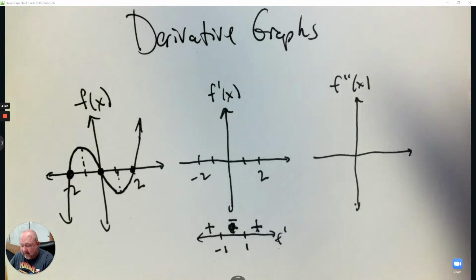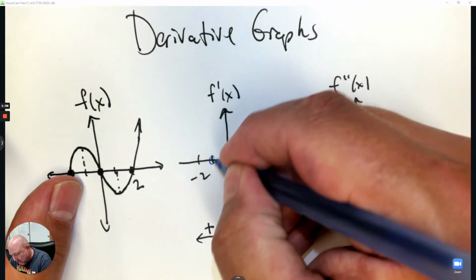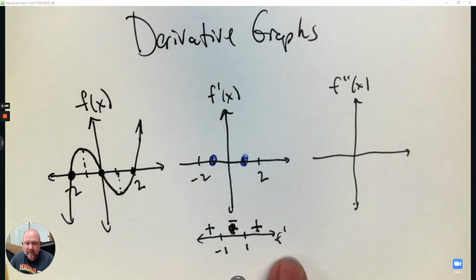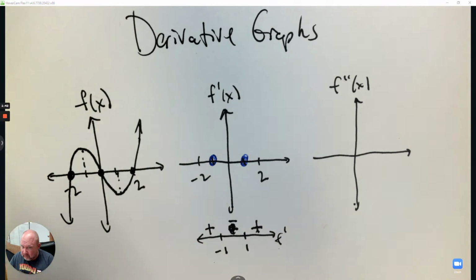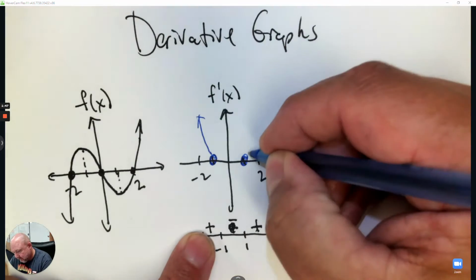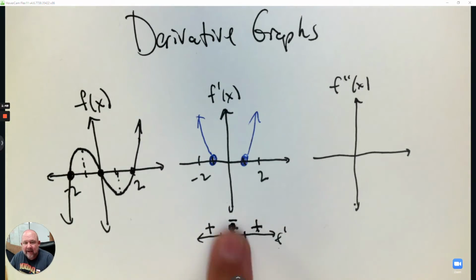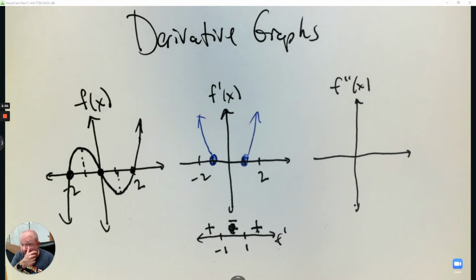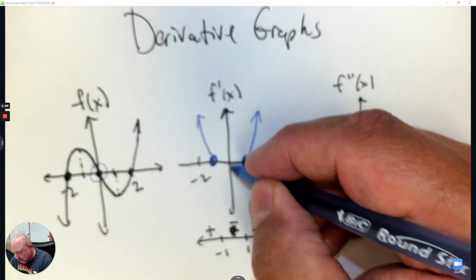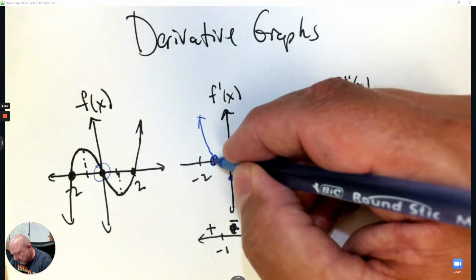So these signs describe increasing, then decreasing, then increasing. So when I graph here at -1 and at +1, my turning points are x-intercepts for the derivative. Positive means it's above, and negative means it's below. Now, one more thing: we have a point of inflection at 0, so at 0 is a turning point.